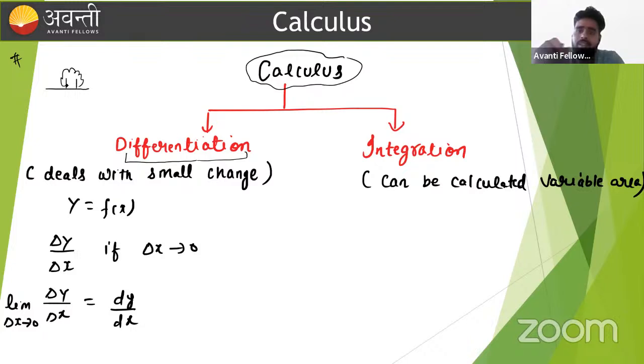But in mathematics, in research, it is necessary to find out a small change. There is a lot of mathematics whose work is very much based on accuracy, and where we want accuracy, it is necessary to find out a small change. That's why differentiation plays an important role.